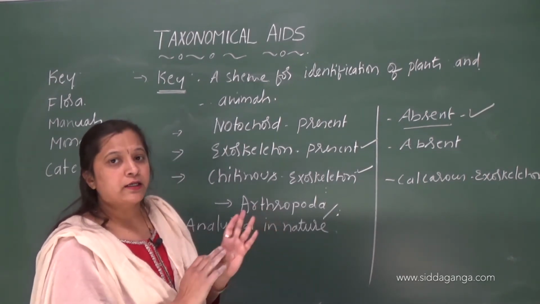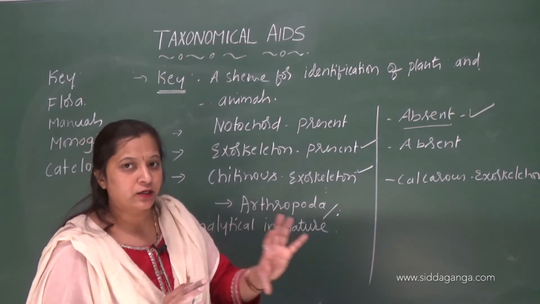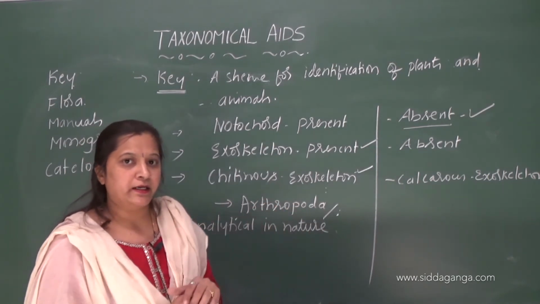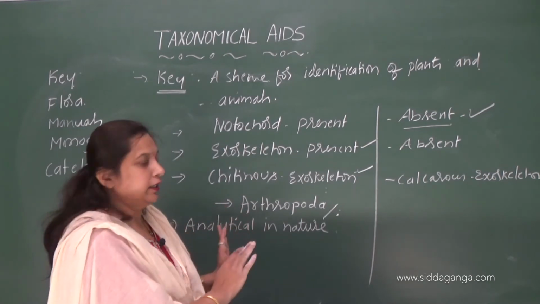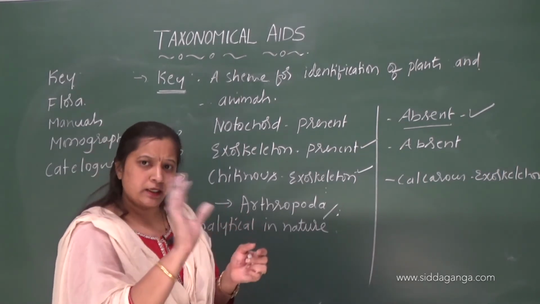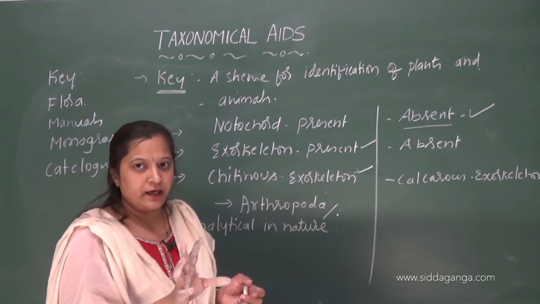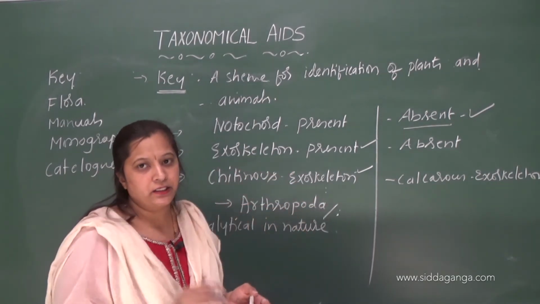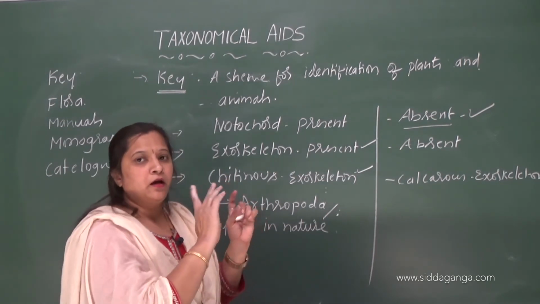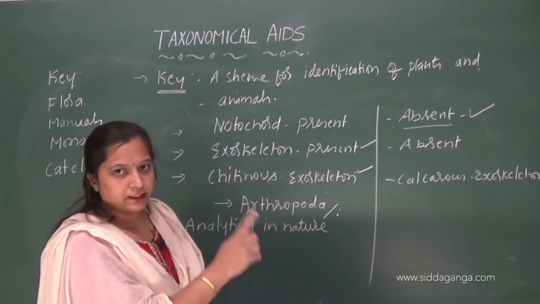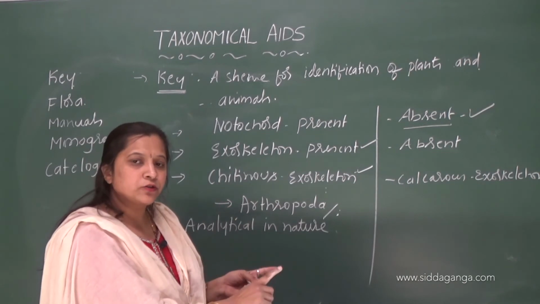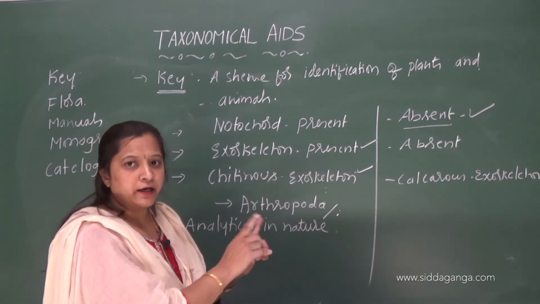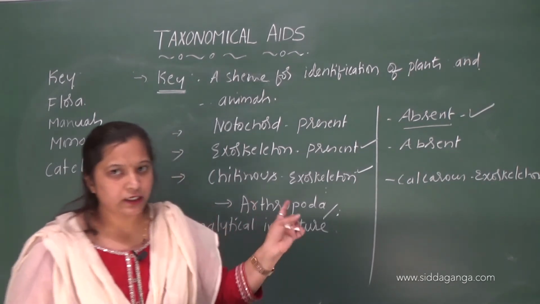Understood? It is also one of the taxonomical aids, just a scheme for identification of plants and animals. It has a set of contrasting characters, and one has to choose the right character for the identification of plants and animals. So that is what a key is.